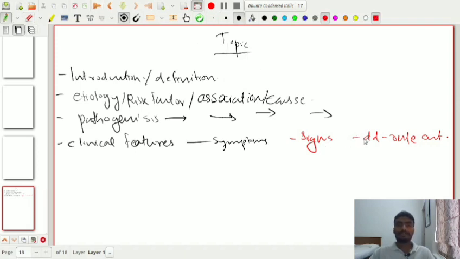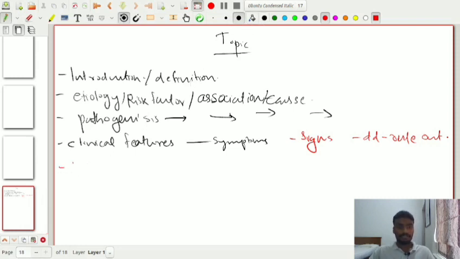There are other transilluminant swellings also. So we have to rule out those also. So in clinical features, you will be dealing with symptoms. On examination, what you see is what is meant by signs. Then the DDs, how to rule out each differential diagnosis which is close to that. Okay, so that's regarding the clinical features.